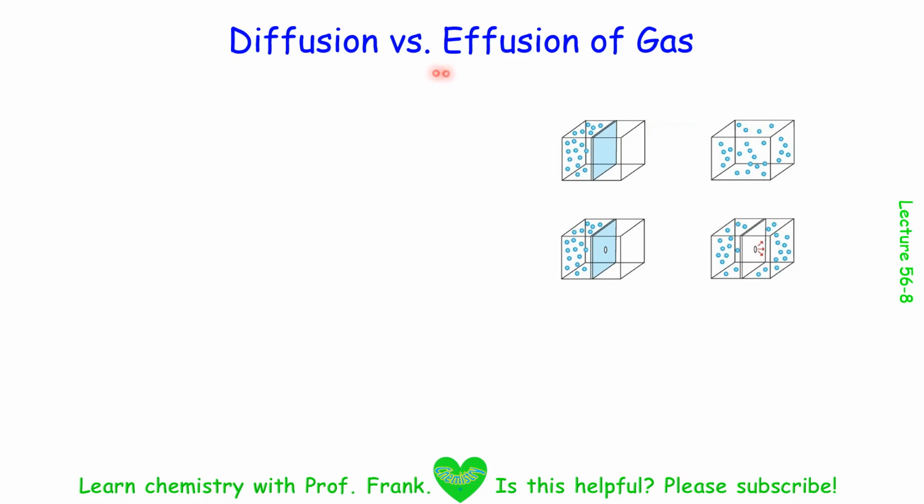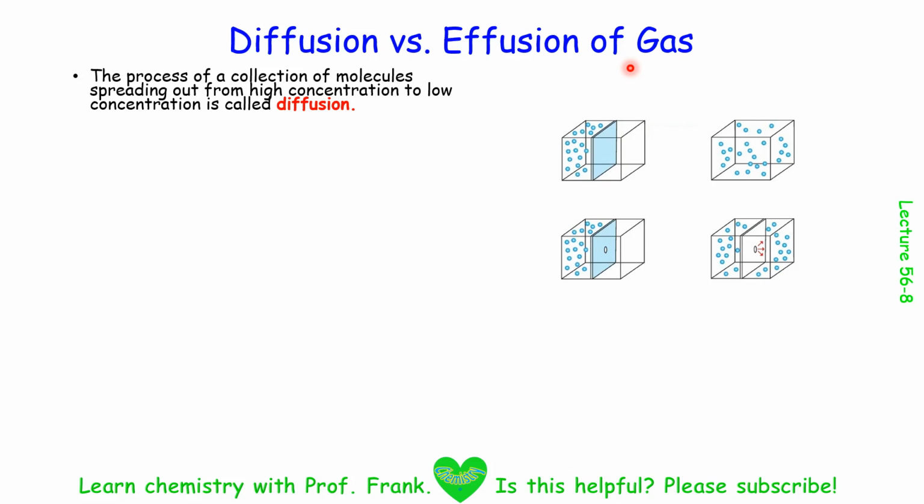Diffusion versus effusion. So what is diffusion? In this case right here, we have this divider. Once we remove the divider, the concentration of gas on this side is high, on this side is virtually zero, very low.